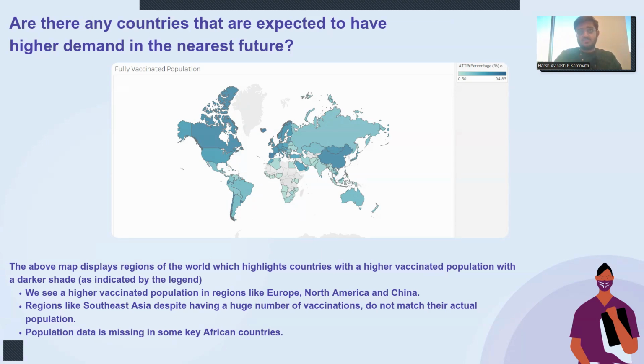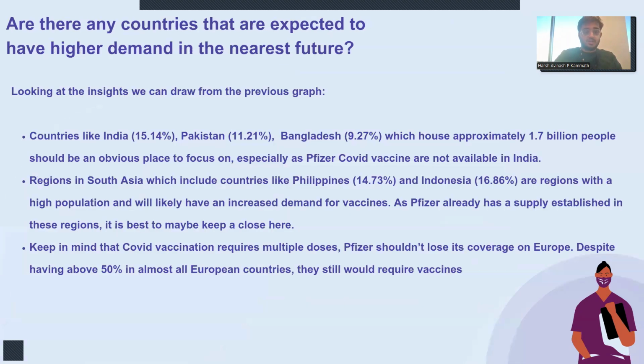What are the insights that we as Pfizer can take from this? Countries like India with 15.14% vaccine coverage, Pakistan with 11.21%, and Bangladesh with 9.27%, which house approximately 1.7 billion people, should be an obvious place to focus on, especially considering the fact that places like India don't have the Pfizer vaccine, and this is somewhere where we should establish our vaccinations.